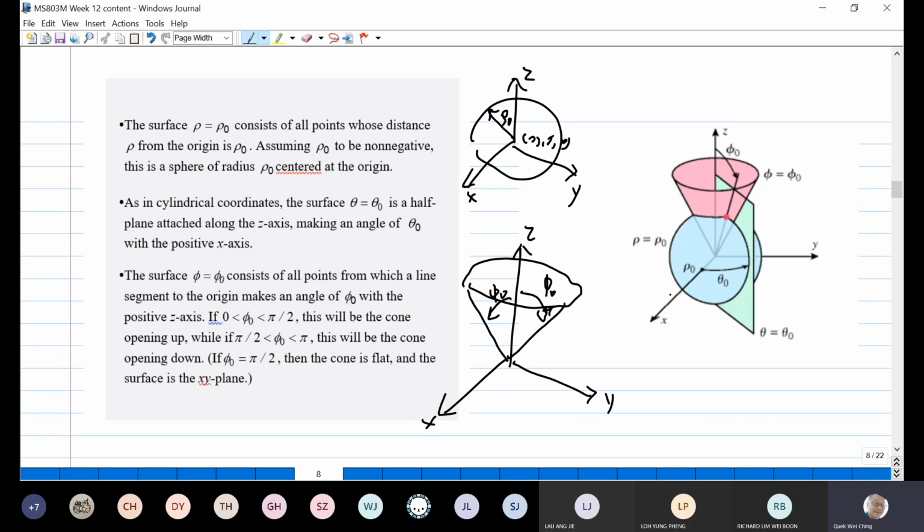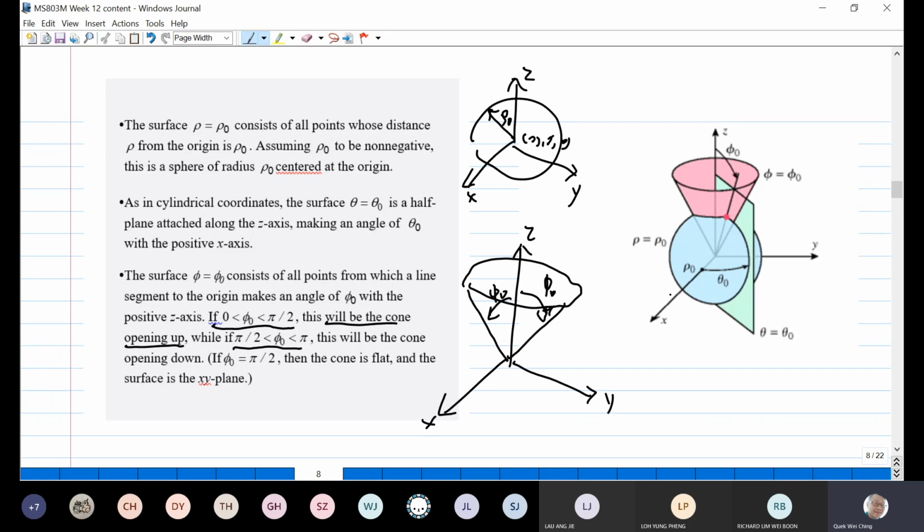If this one is less than pi over 2, of course it's a cone opening up. If this is more than pi over 2 and less than pi, it can go to pi, then this is opening down, because this angle can be more than 90 degrees.